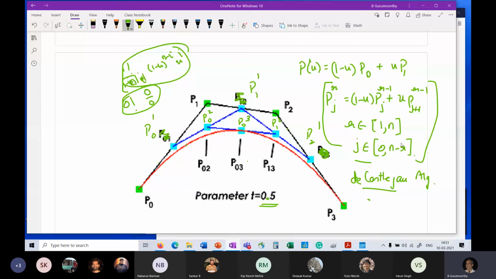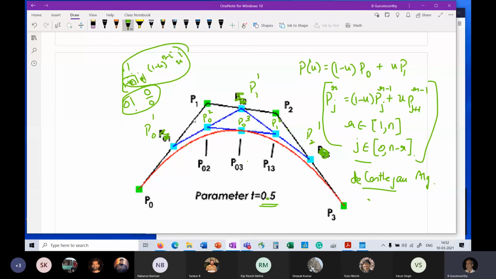But to be fair to Bezier, once he came to know and saw the original notes of de Casteljau, he was the first to acknowledge that it is de Casteljau's scheme. But nevertheless, Bezier's name stays on the curve. Okay. So that's an interesting aside that you may want to remember if you end up taking an academic or a research career, the importance of claiming your work through a publication is important. Okay.